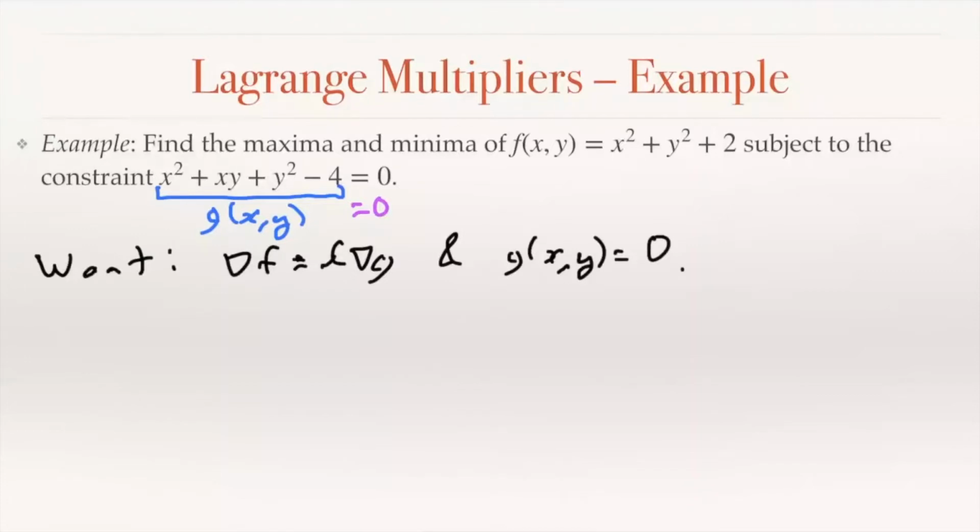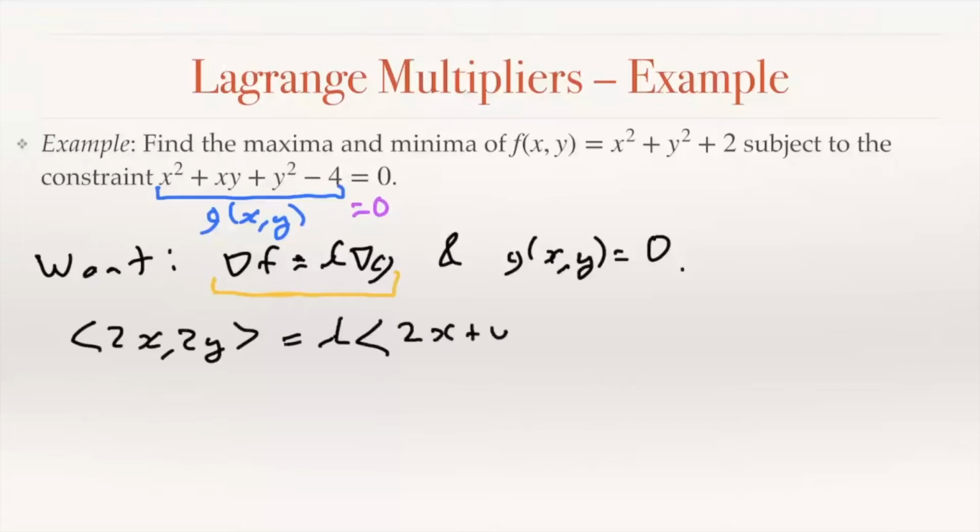Okay, this first equation, what is the gradient of f? That is 2x, 2y, and that must be equal to lambda times the gradient of g. Gradient of g is 2x plus y, comma 2y plus x. We're just computing the partial derivatives of this f and that g. Okay, and we need to actually lie along g, so x squared plus xy plus y squared minus 4 is 0.